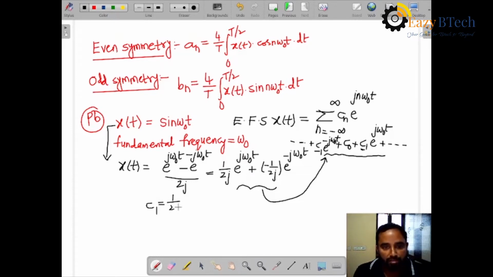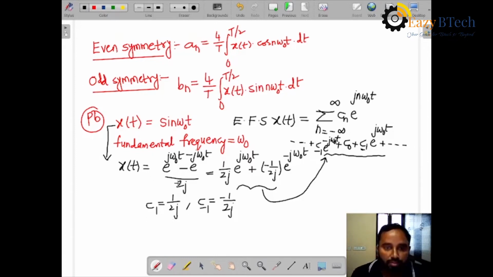Carefully do the comparison. Similarly, c minus 1 is the coefficient of e power minus j omega naught t, so c minus 1 is equal to minus 1 by 2j. In this way, we can find Fourier series coefficients.